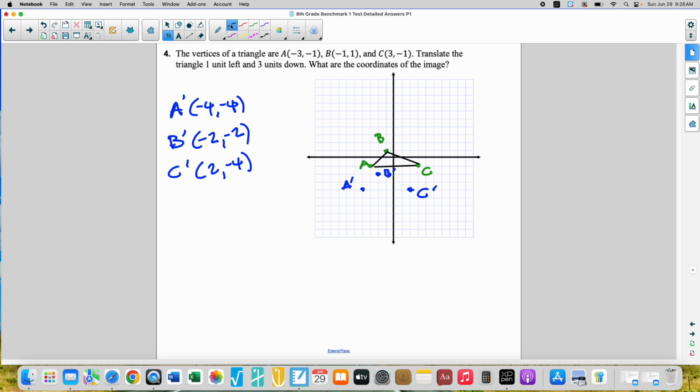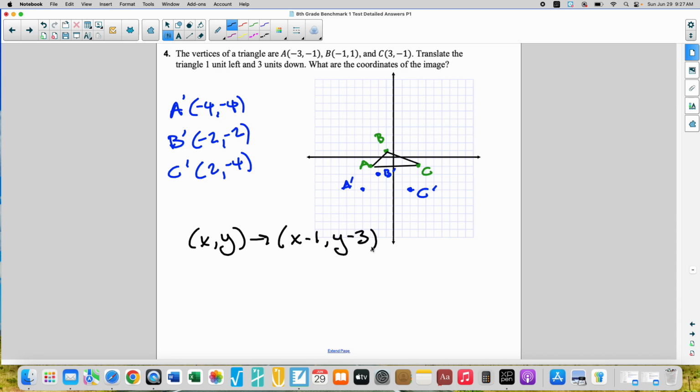If we didn't do it, we'd know that our point x comma y is going to be translated. So my x value is going to be minus 1, and my y value is minus 3.